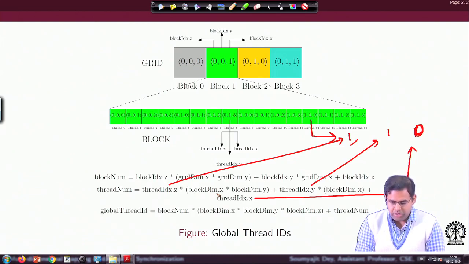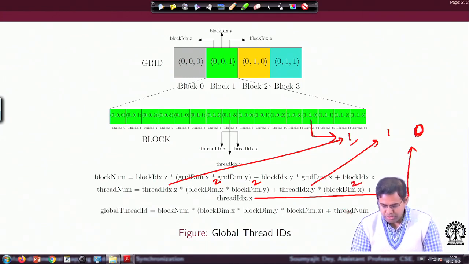And the block dimension in the x axis, as you can see, here is 2, block dimension in the y axis is also 2, and this value is also 2.